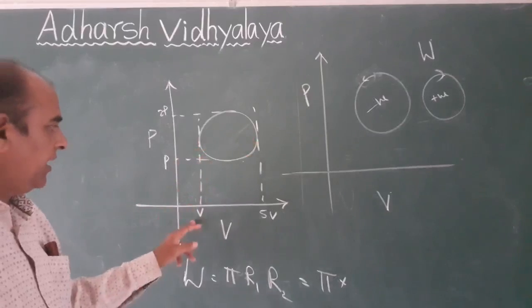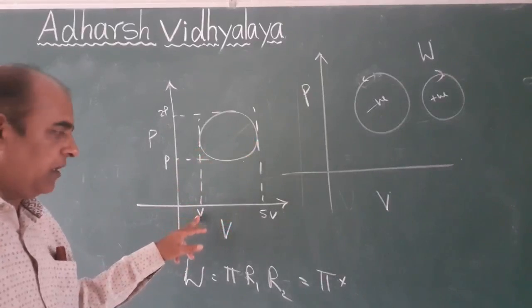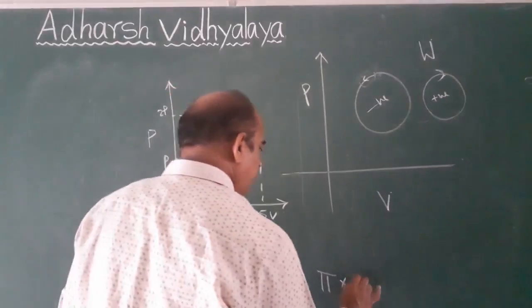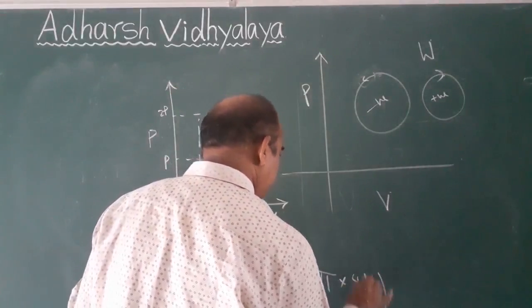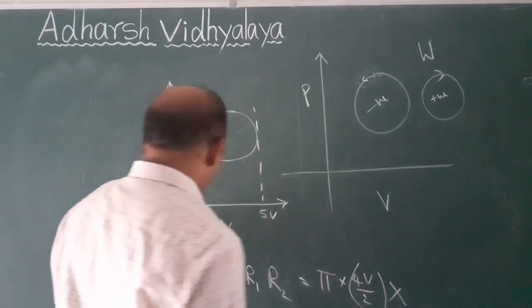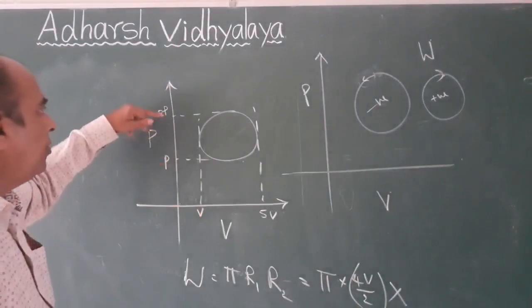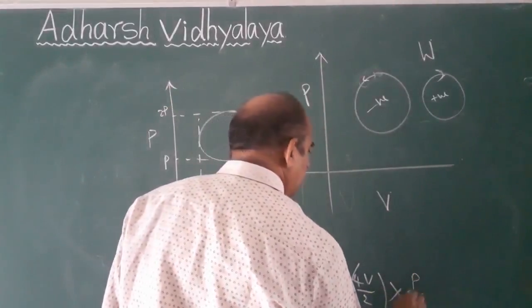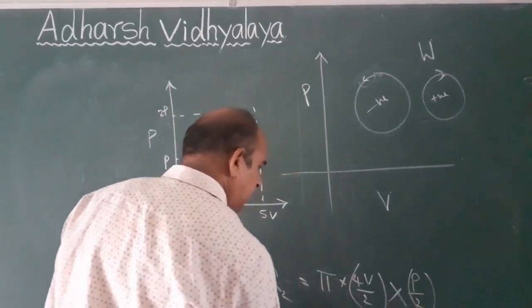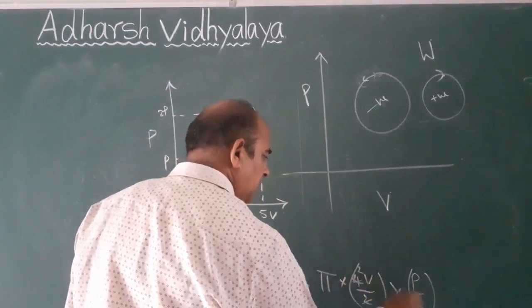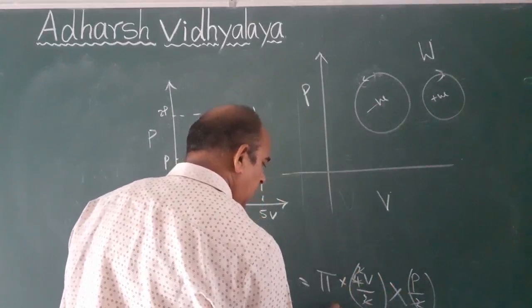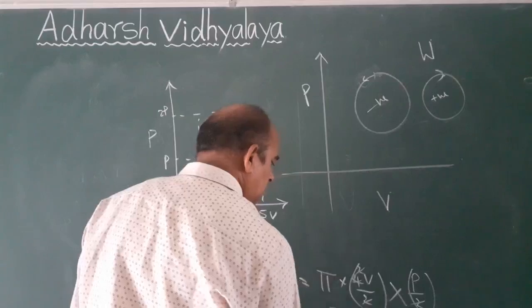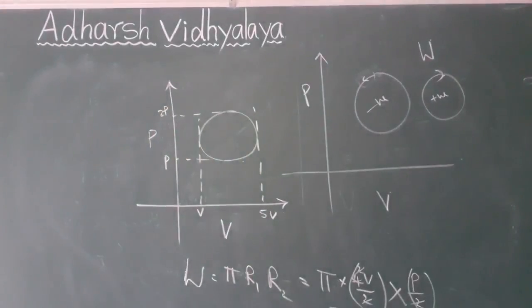This is the diameter, 5V minus V, 4V. So 4V by 2 is R1. What about R2? P to 2P, so 2P by 2 is the other radius. Then the 2s cancel, pi V P. This is the work done. Pi V P. Okay?